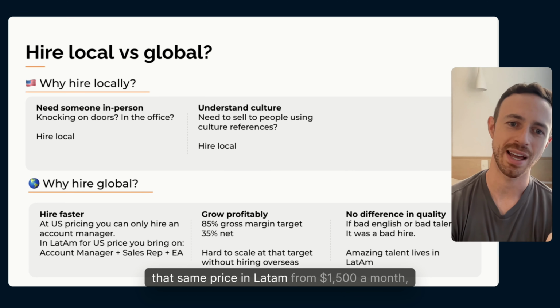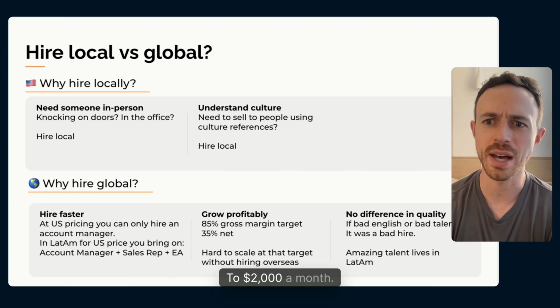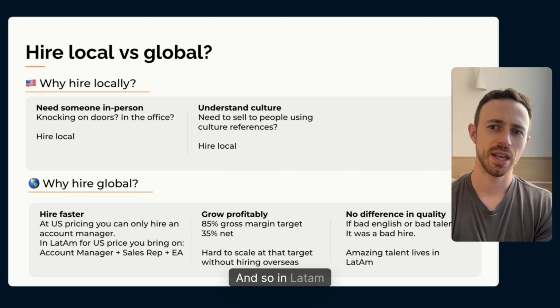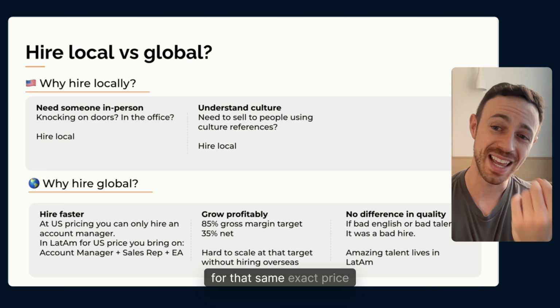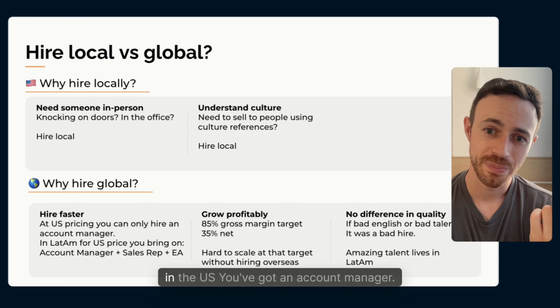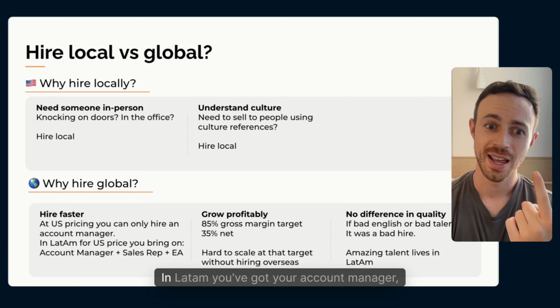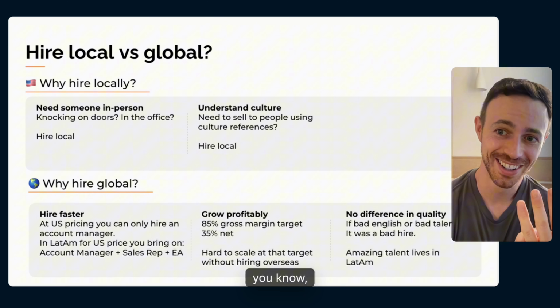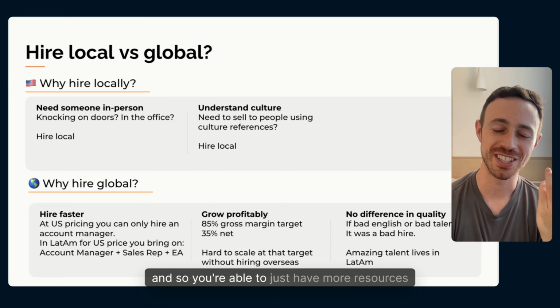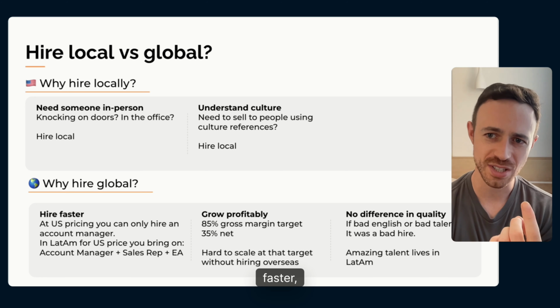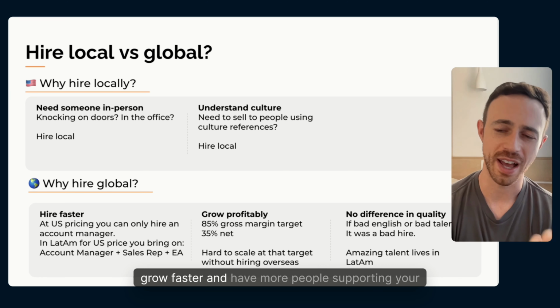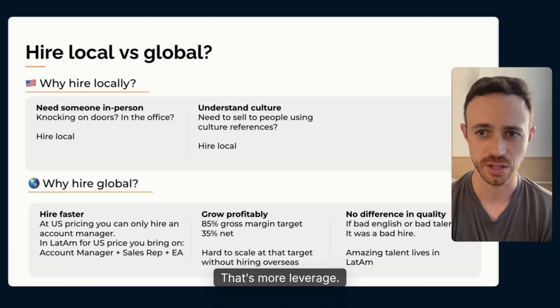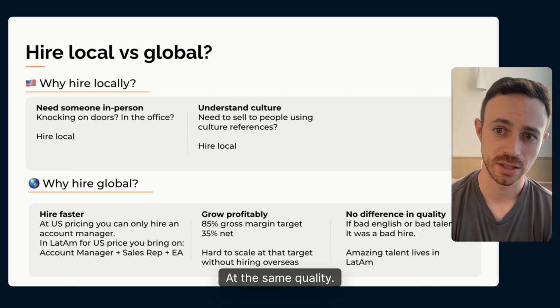That same price in LatAm can be $1,500 to $2,000 a month. And so in LatAm, for that same exact price, in the US you've got an account manager. In LatAm, you've got your account manager, you've got a sales rep, you've got an executive assistant, you know? And so you're able to just have more resources faster, grow faster, and have more people supporting your business. That's more leverage, right? At the same quality.